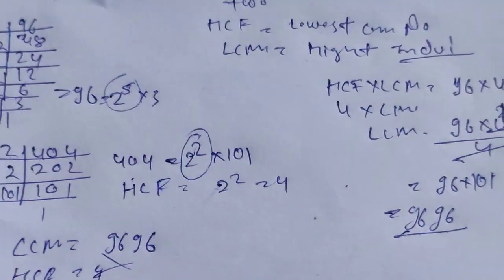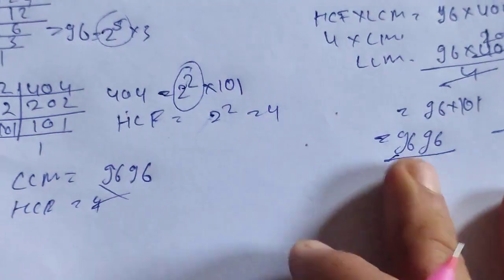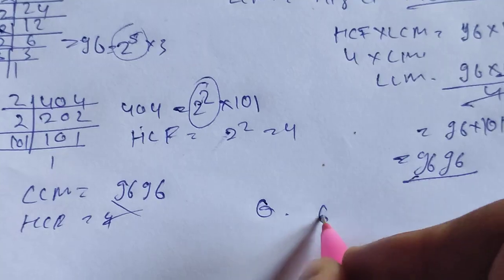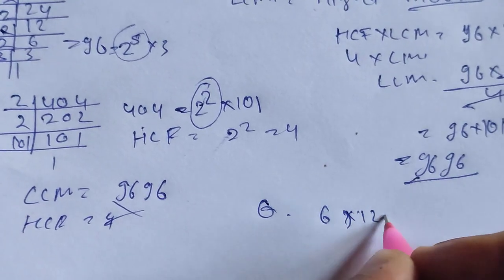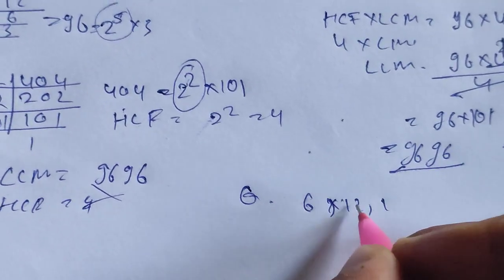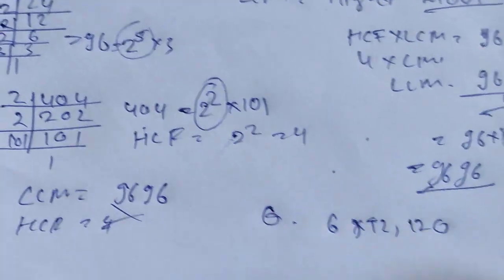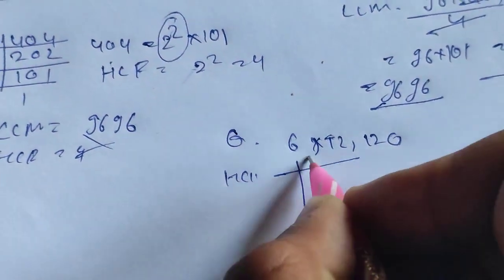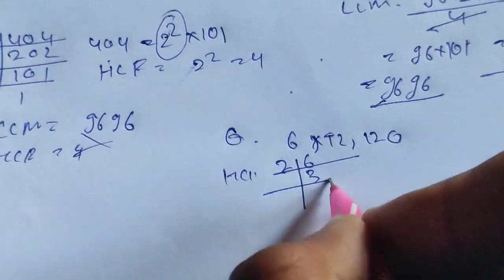Okay, now we do some more questions to understand this topic. Our next question is to find the HCF and LCM of 6, 72 and 120. For 6 we get 2 and 3.